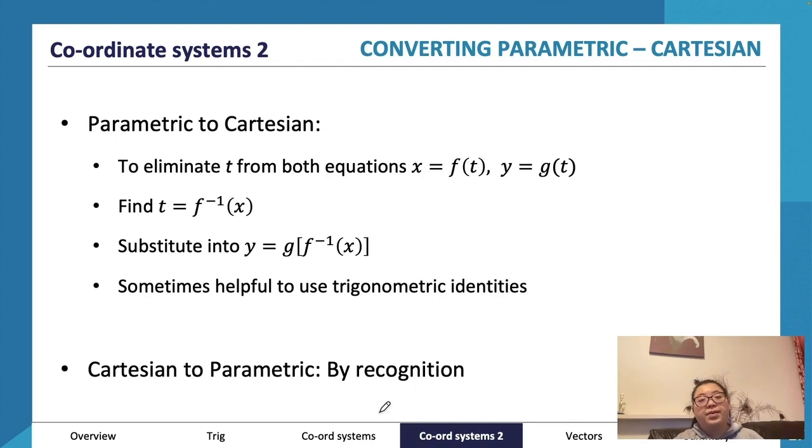You can also do it by recognition when you're converting back, but you can also just put in a parameter at some point. Often, with relations like circles, there are structured ways to do it. For example, circles use a lot of sine and cos.